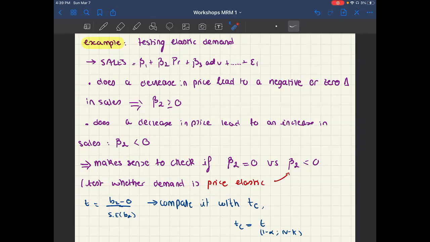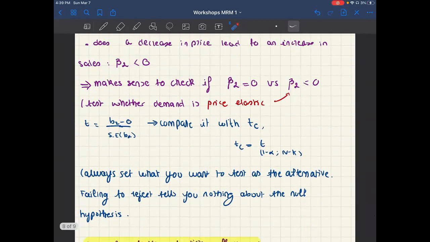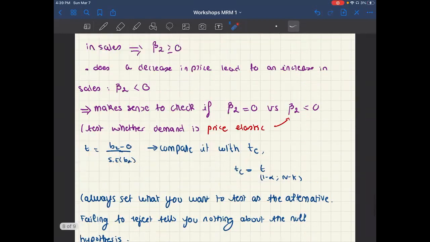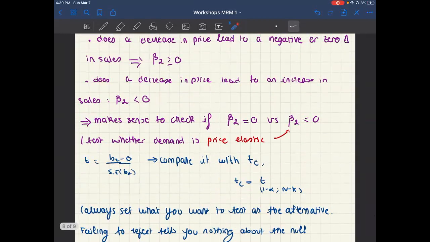We would calculate the test statistic by taking B2, our estimate for beta 2, minus 0, which is the value of beta 2 under the assumption that the null hypothesis is true, and divide this by the standard error of B2.